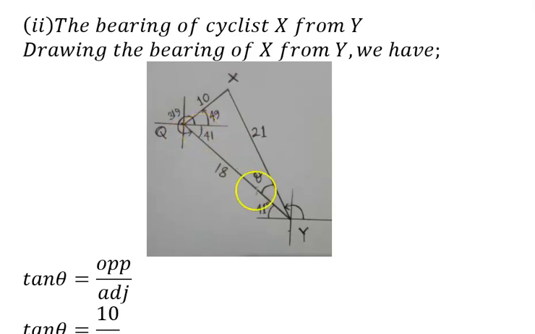Beautiful. Now we are actually looking for the bearing of X from Y. The bearing of X from this Y. That means from here to here. That's what we are looking for. Since we know this place is 41, by alternate angles, this is Z. From here, down here, to here. So if here is 41, that means here too is 41.